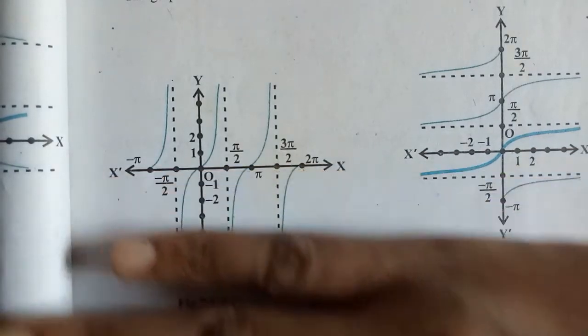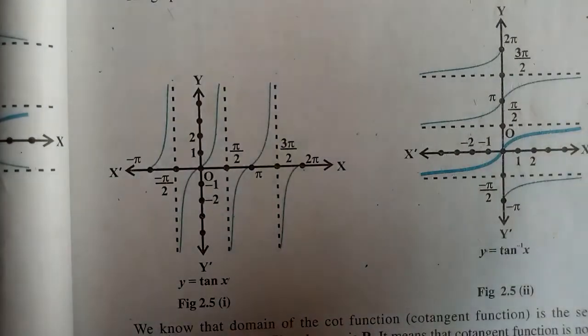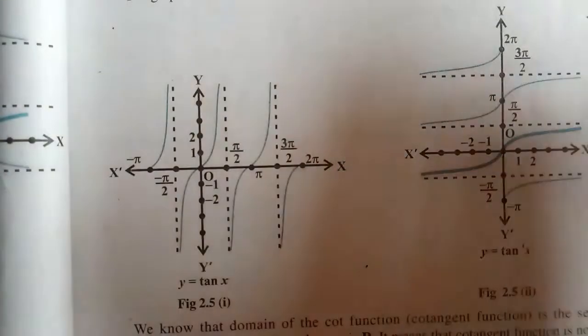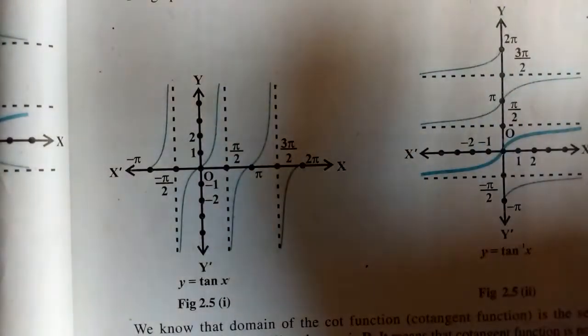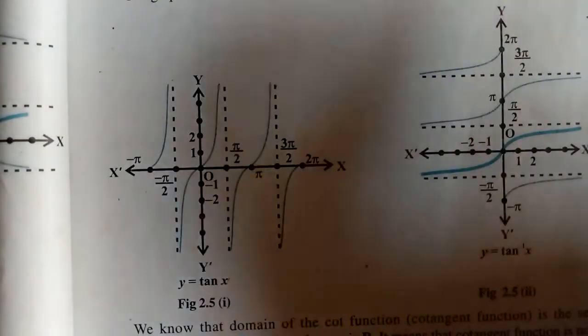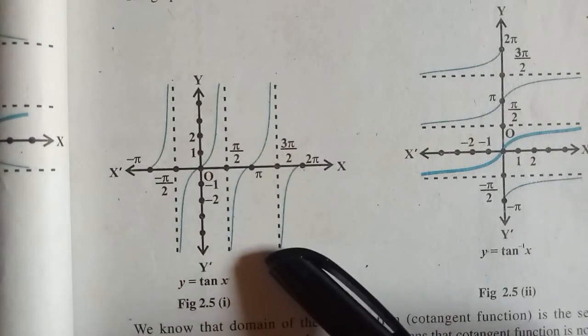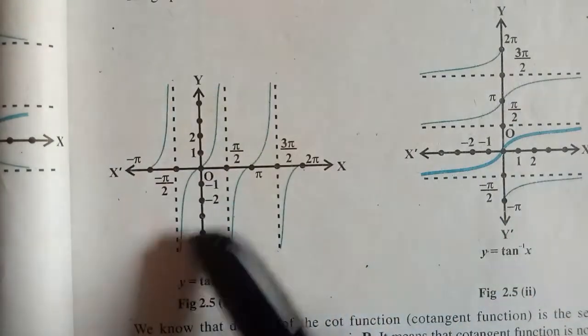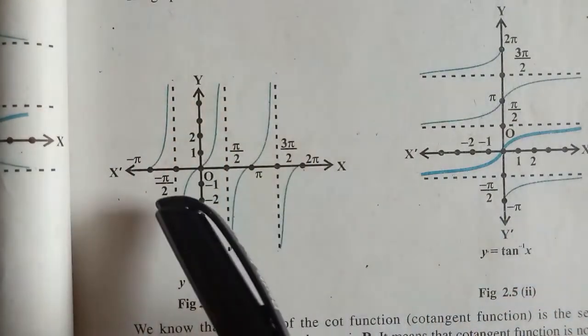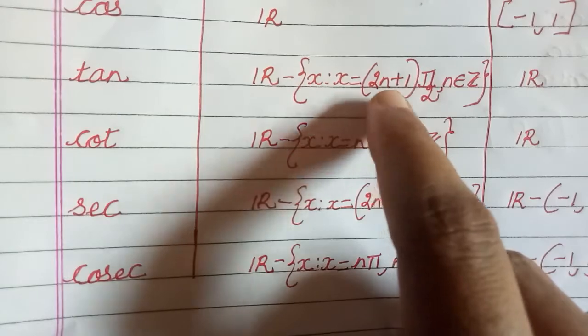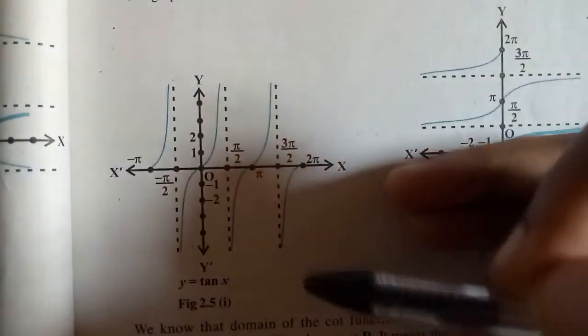Onto will always be there, because every element will have a pre-image. But an element does not have a unique image, which means different elements have the same images, and that affects the definition of injectivity. If I look at the function tan, you can see why there is a break here. The break is there because at odd multiples of pi by 2 we have restricted our definition, so a break is put on the axis here.